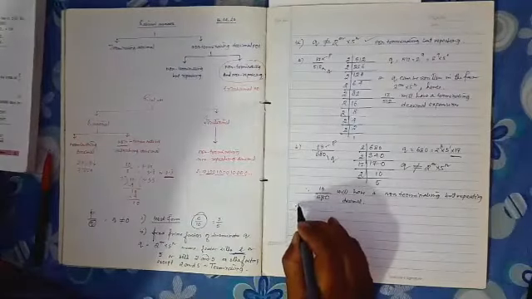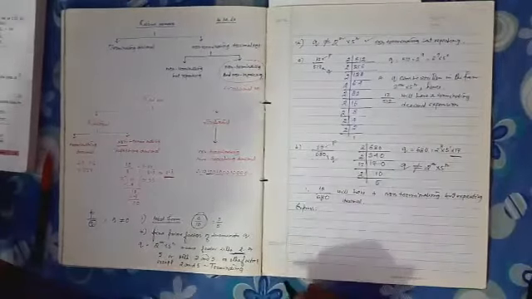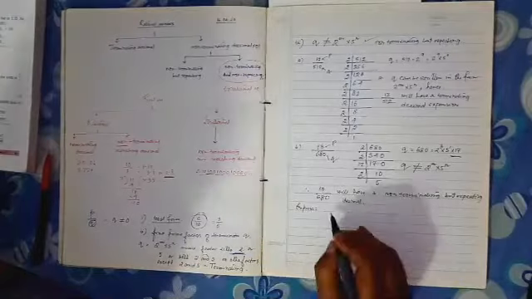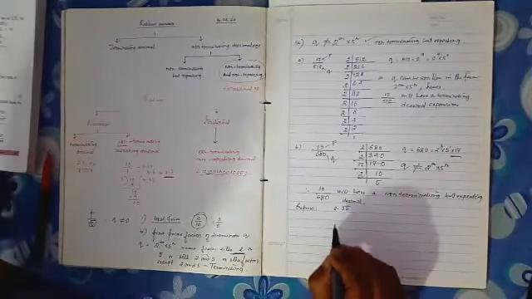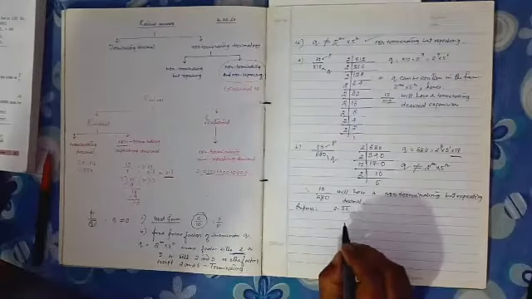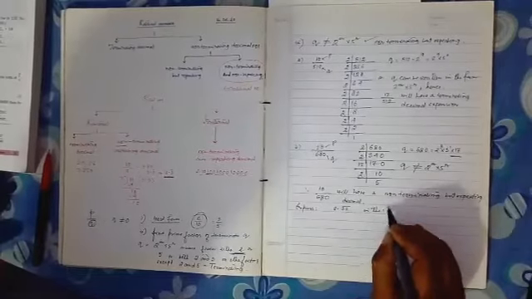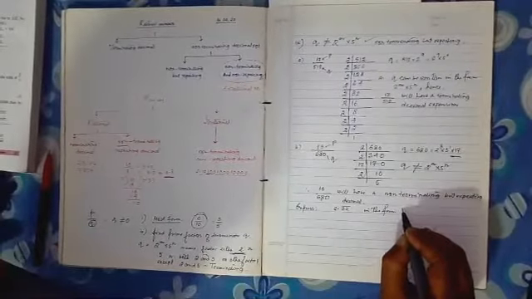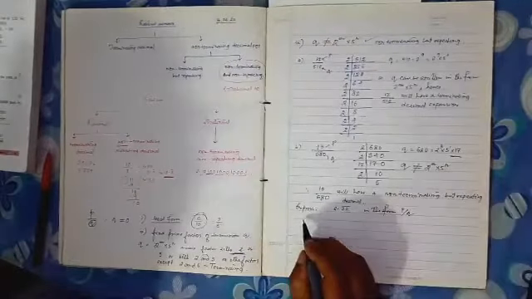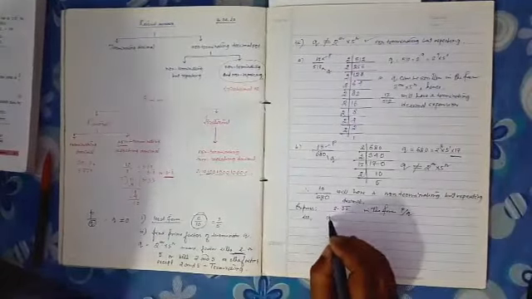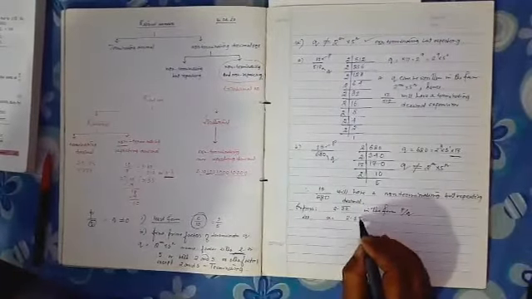Suppose you are given a question, express 2.32 bar in the form P by Q. Let x is equal to 2.32 bar.